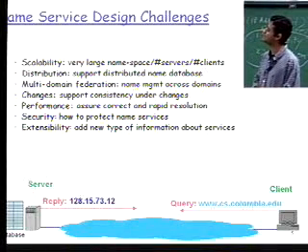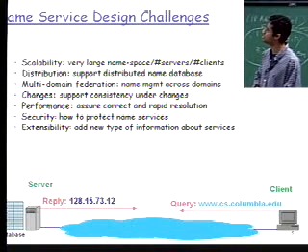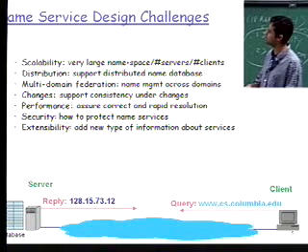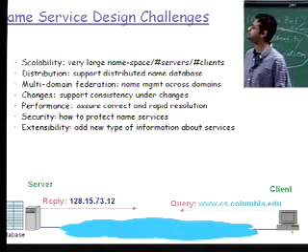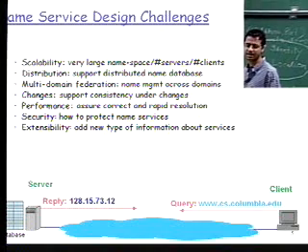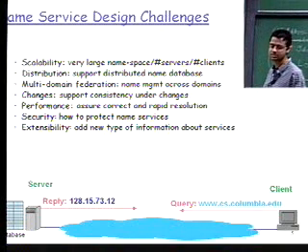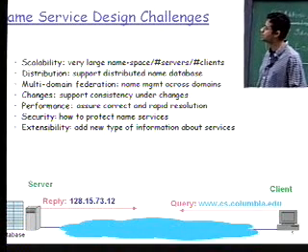Some of the issues involved with the name service design: because you cannot do it centrally, you have to do it in a distributed manner. We'll see the architecture of how that is done. It has to be scalable. There are millions and millions of nodes.